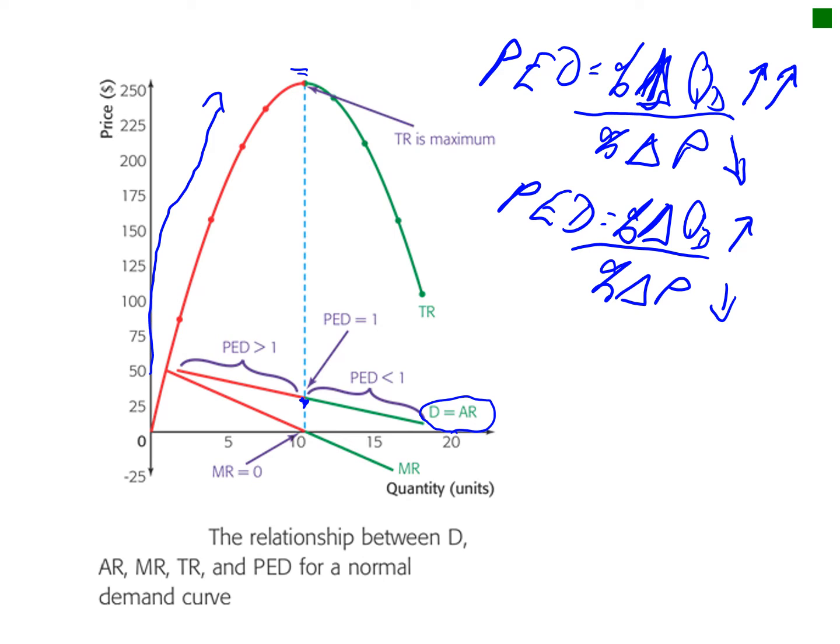If we're on the inelastic portion, again, using my system, the denominator is going to be proportionately greater. So again, if I was standing in front of you, I'd say, boy, we've dropped our price a whole lot, and I would have my hands way out to show a significant amount, but we've only picked up a few more customers. So what would happen to total revenue?